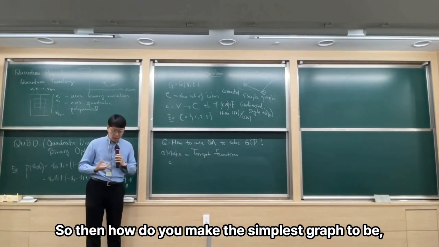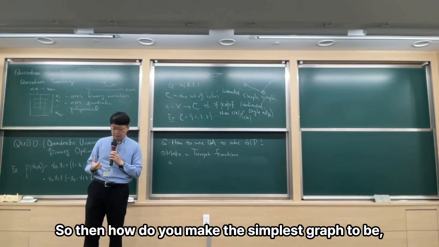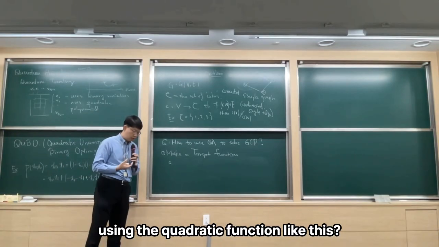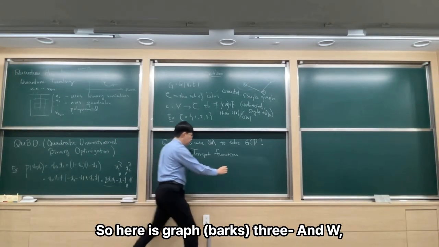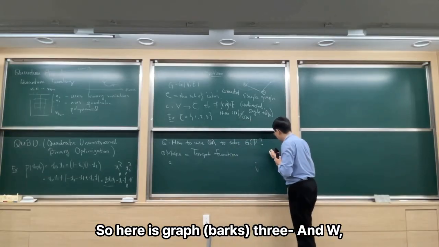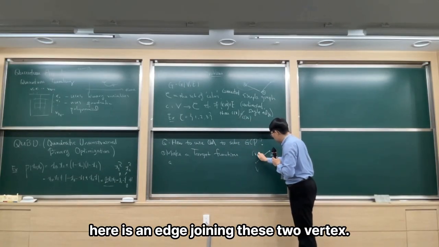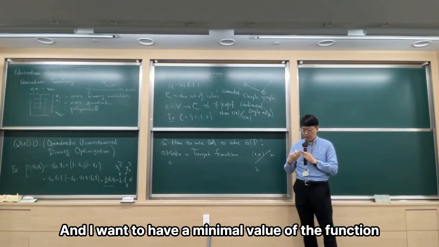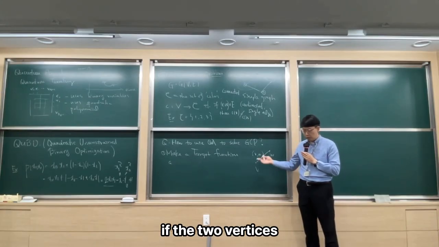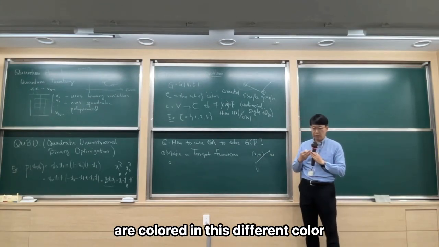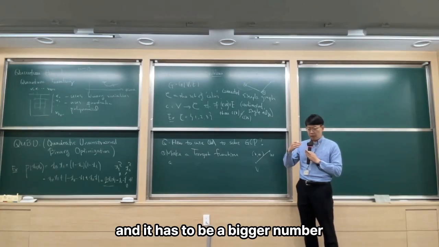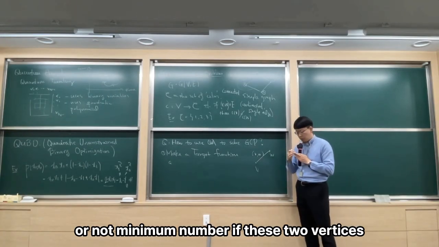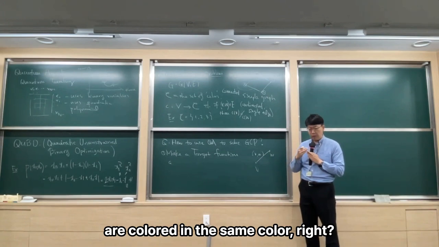How do you transfer this simplest graph into an optimization problem using a quadratic function? Here is the graph with v and w, and an edge joining these 2 vertices. I want the function to have a minimum value if the 2 vertices are colored in different colors, and a bigger value if they are colored in the same color.